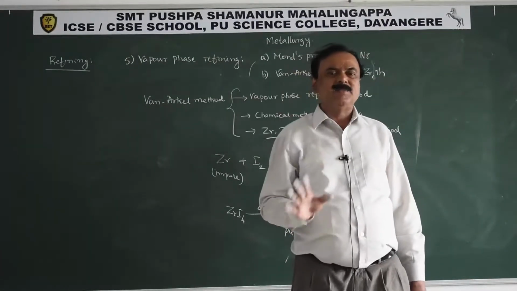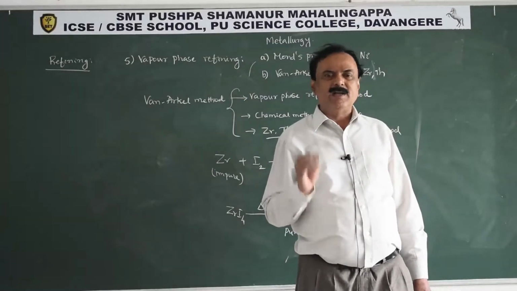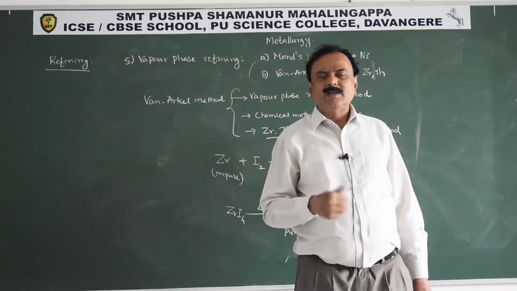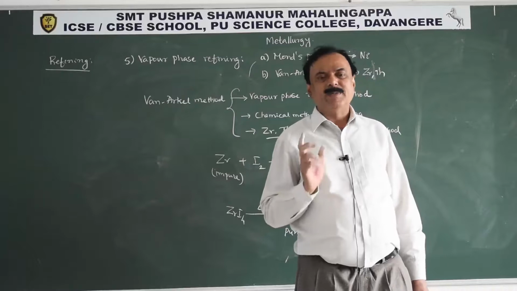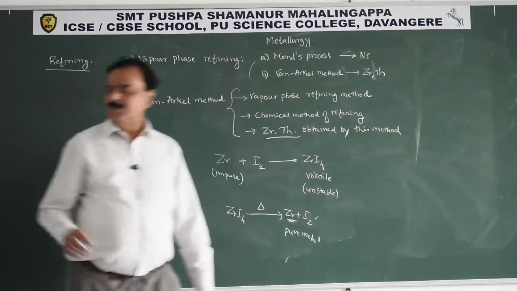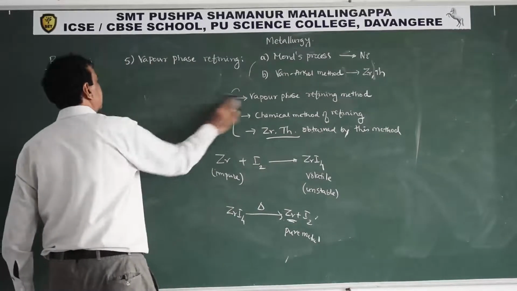Then unstable and volatile metallic compound on heating at high temperature gives off the ligand, then it gives the pure metal. Therefore, zirconium and nickel are obtained by means of vapor phase. Is it clear? It is a chemical method of refining.